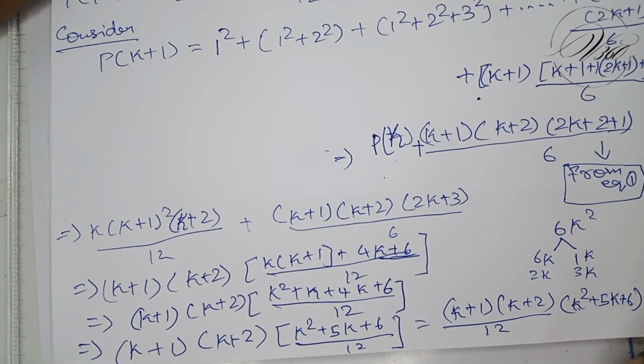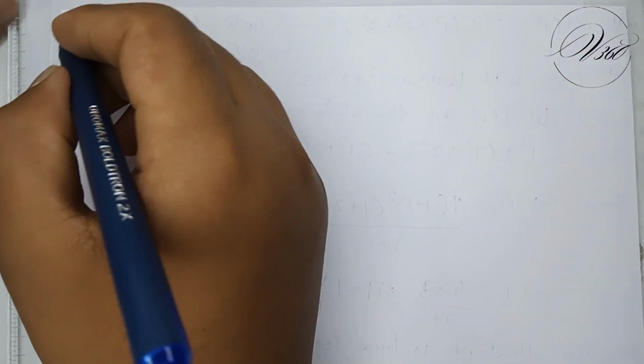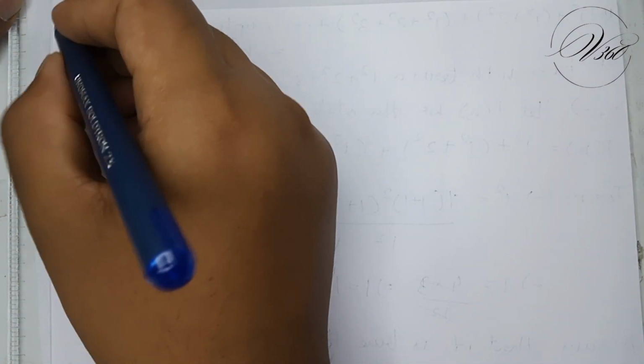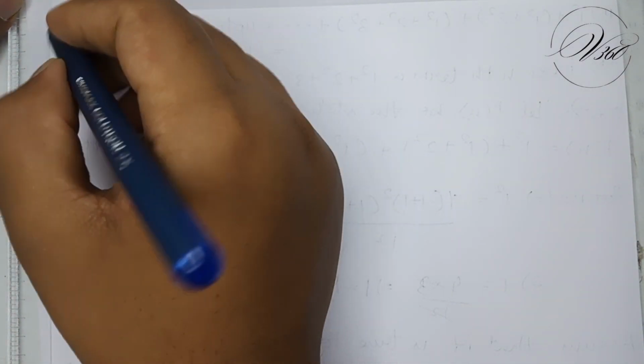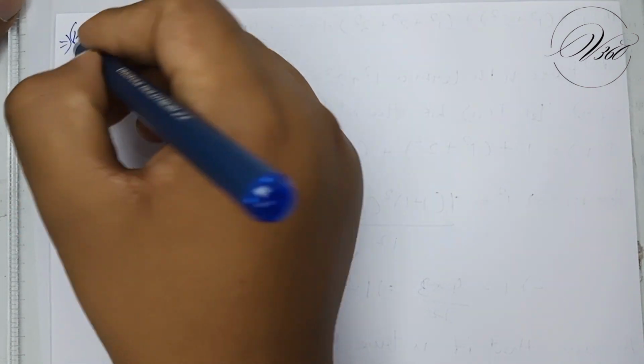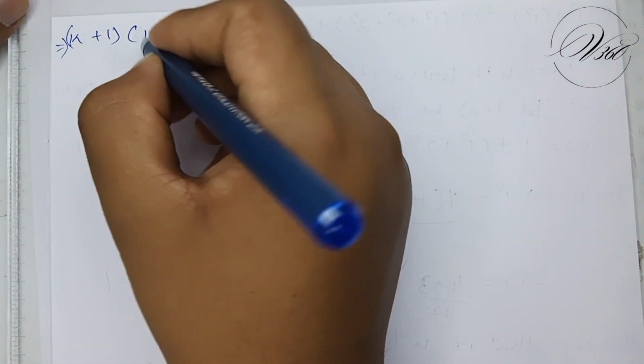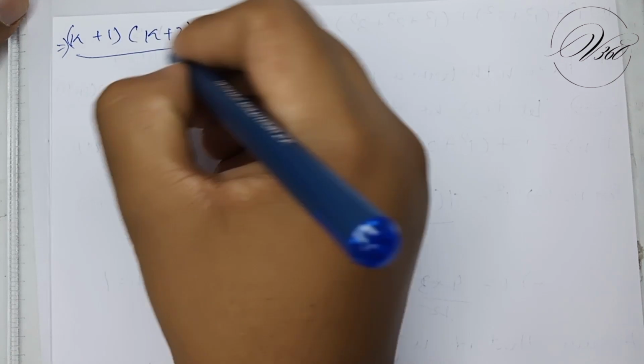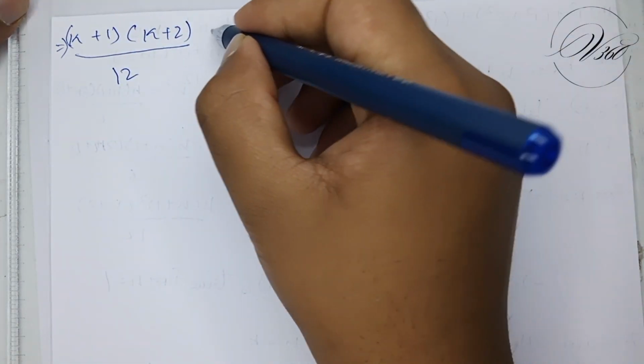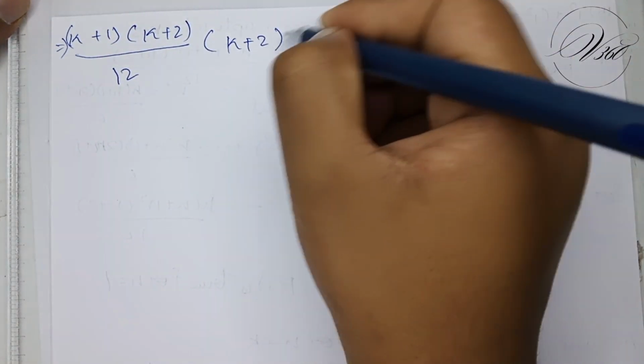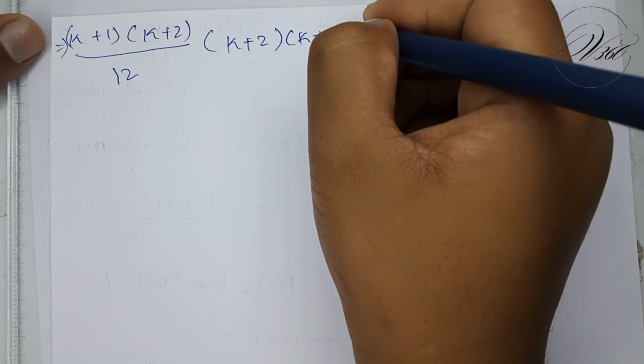I will show you how to write it now. Okay, so now here I can write it as k plus 1, I am writing the whole statement. k plus 1 of k plus 2 by 12 of k plus 2, sorry, k plus 3.